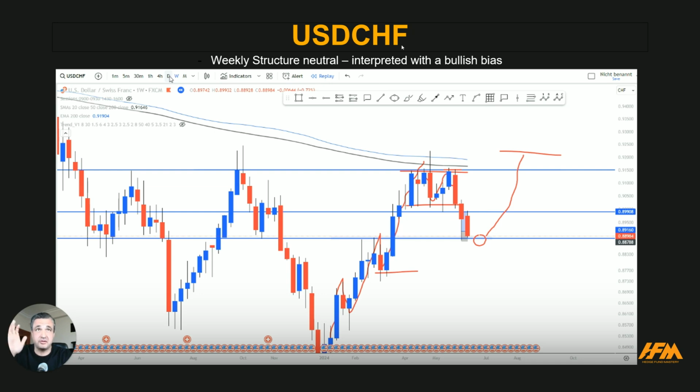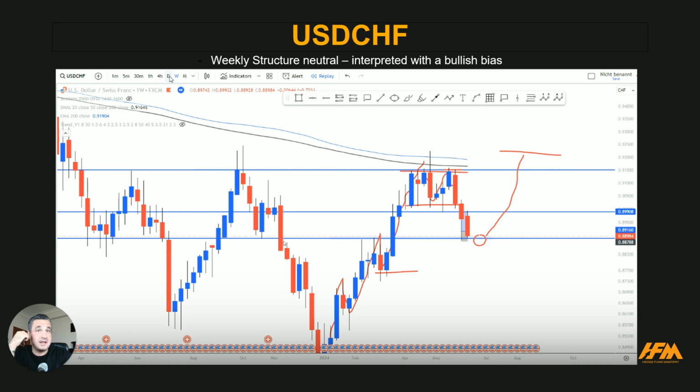So this is the dollar Swissy. Again, we start with the weekly structure. You can see on the weekly, we had a bullish structure to the upside and then a consolidation. We didn't really have a new higher high compared to the old weekly structure that we had here. So that gives us a bit of a neutral market structure in the bigger picture, which we still interpreted with a bullish bias, because we had this bigger move up, then some consolidation, and that correction did not break below this level.